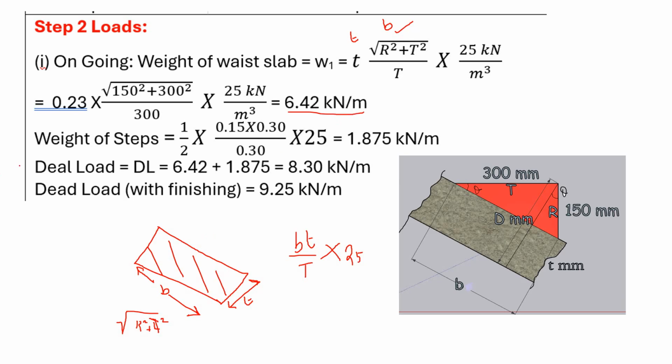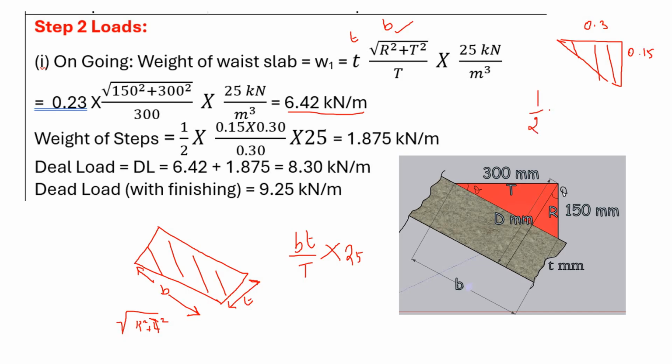Then again taking the case of weight of the steps, the step is just like this. So you have to calculate the area of the triangle. This is 0.3, this is 0.15. So how will you calculate the step weight?